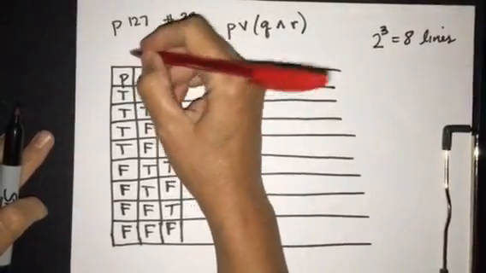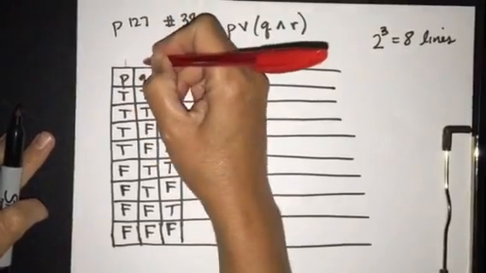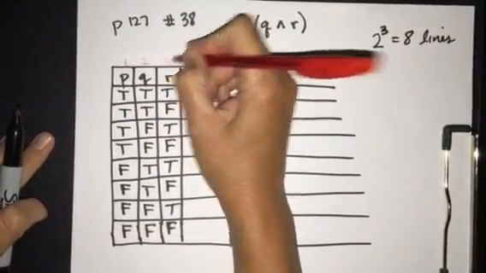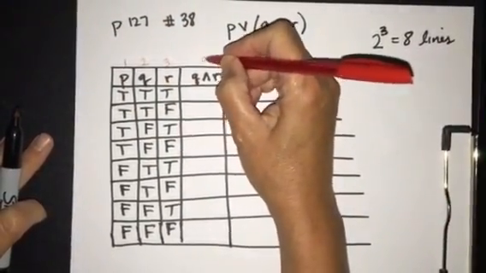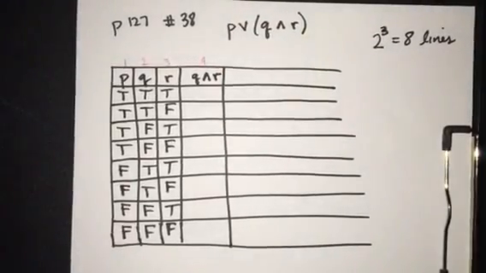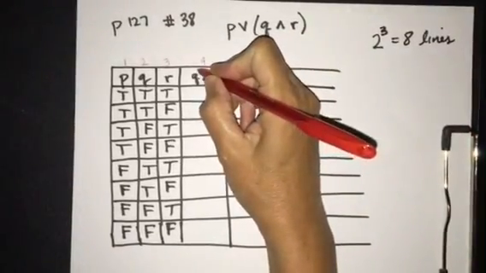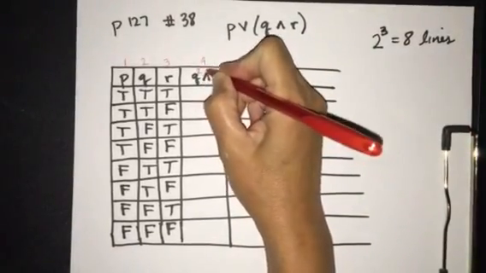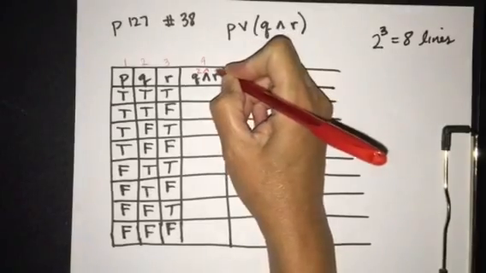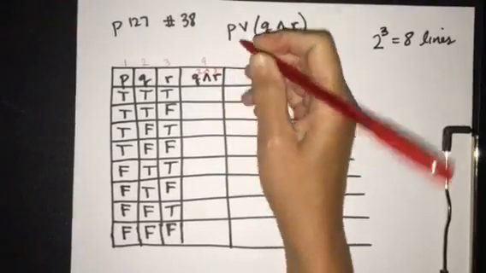I'm going to use this red pen that might not show up too well on the video, but I'll give it a try. So I use that column 1, 2, 3. Now I'm going to do column 4. Column 4 is column 2 connected by and to column 3.